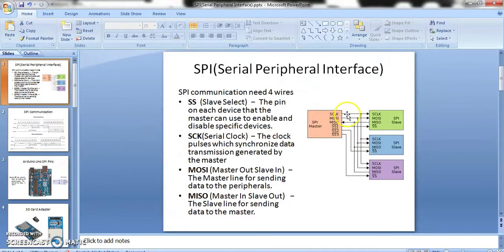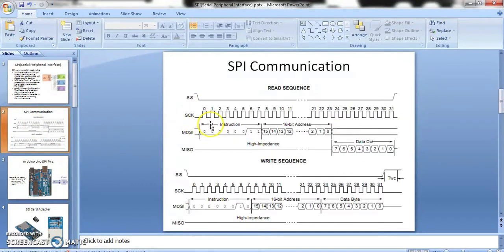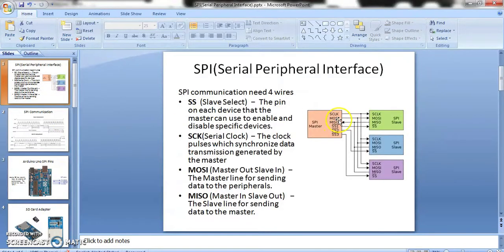That means a clock is started from the master through this line, and this clock is shared by both slave and master. Then the master will send some instruction bytes to the slave through this MOSI line, and through these instruction bytes the slave can understand what the master wants to do with it.